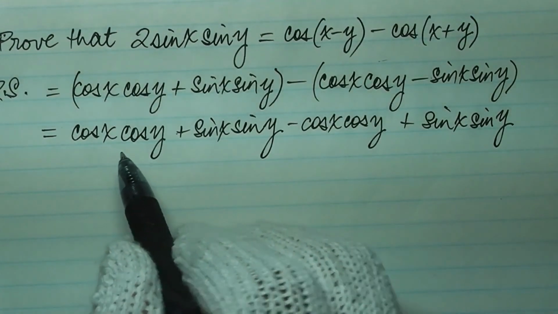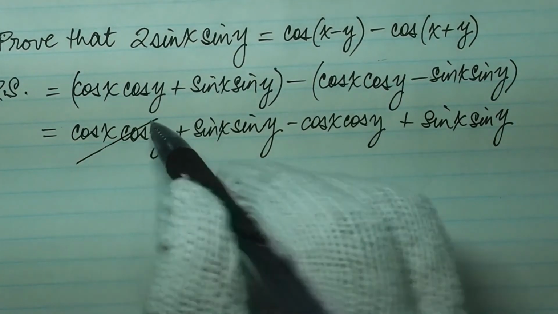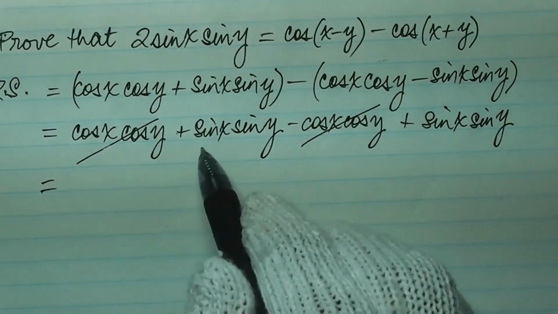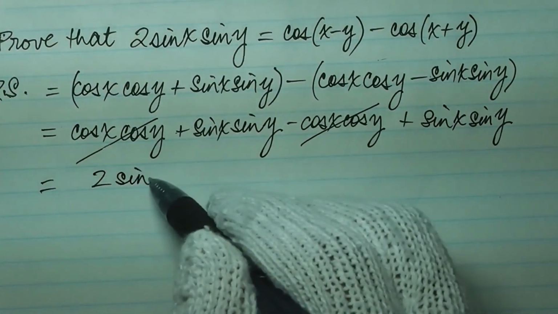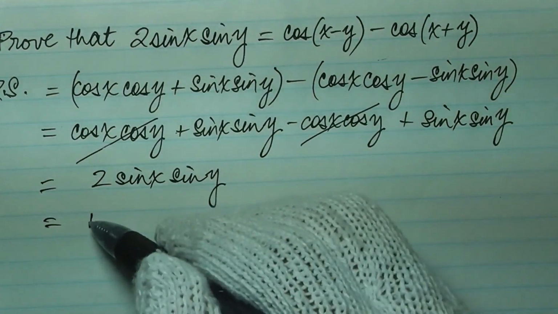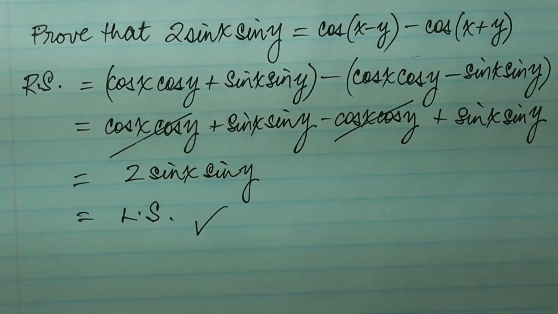Cosine x cosine y minus cosine x cosine y, oh so sad, say bye-bye. Sine x sine y plus sine x sine y is 2 sine x sine y, which looks like your left side.